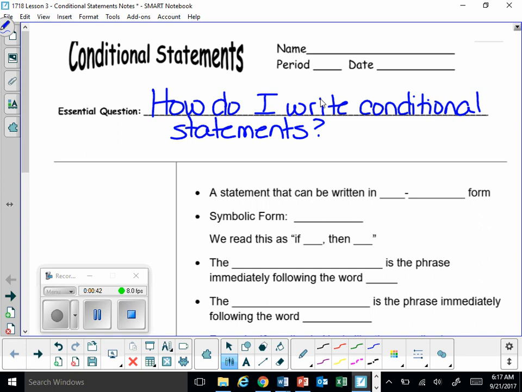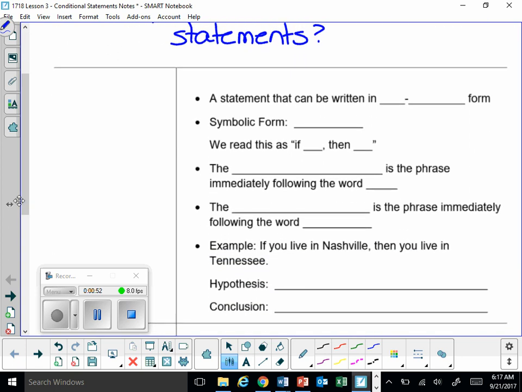In mathematics, we have 5 types of conditional statements that we work with on a regular basis. In this lesson, we're going to look at 4 of those types. A conditional statement is a statement that can be written in if-then form.